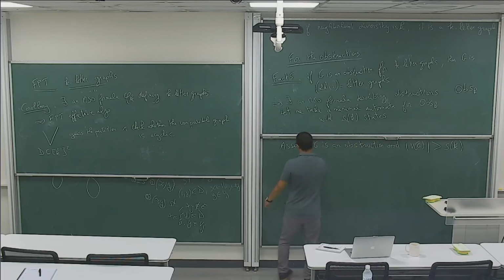So let's take the associated linear clique-width expression and run the automata.